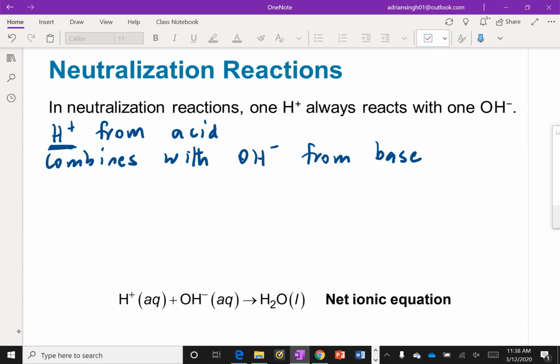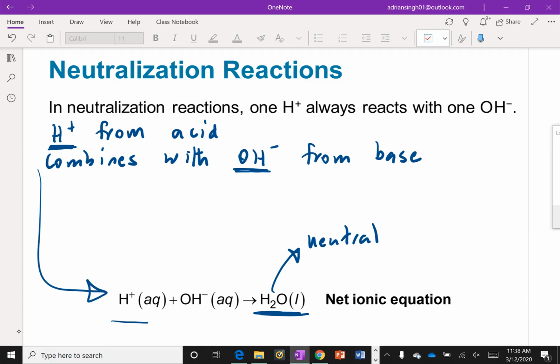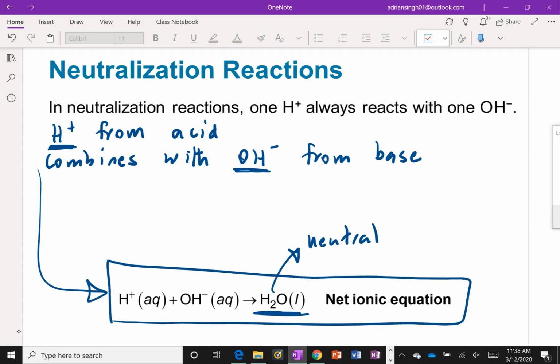The acid produces the H plus, the base produces the OH minus. These two things then combine to make water, and water, as you know, is neutral. This is at the heart of every single acid-base neutralization reaction, where the proton combines with the hydroxide to make water.